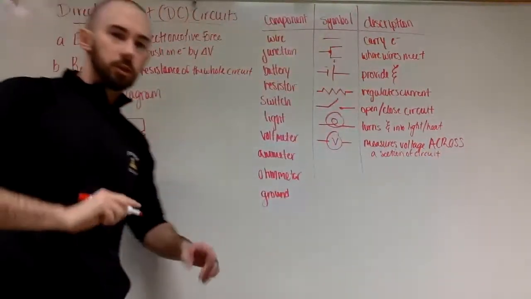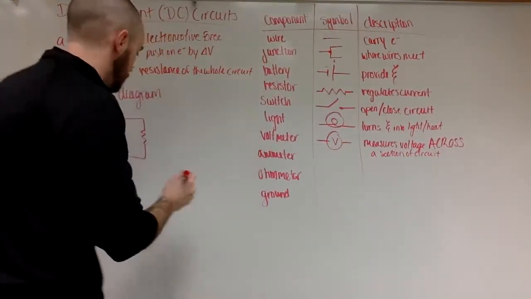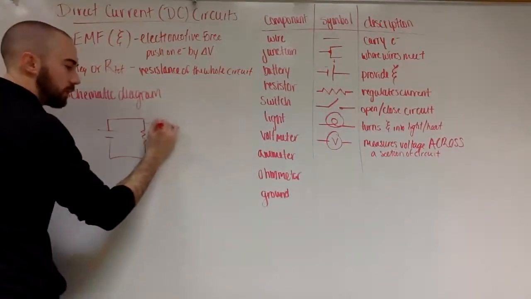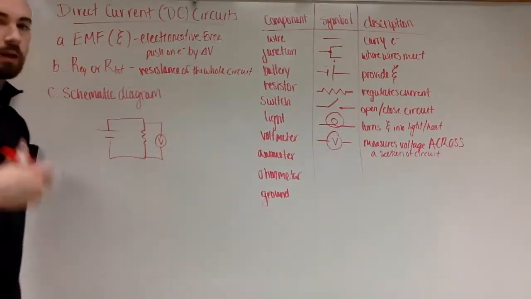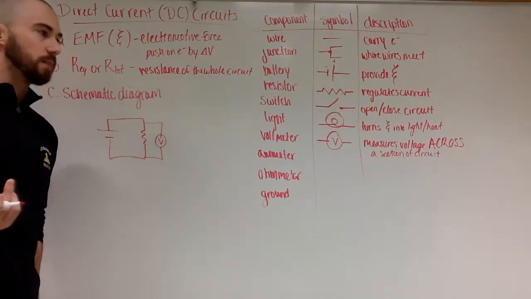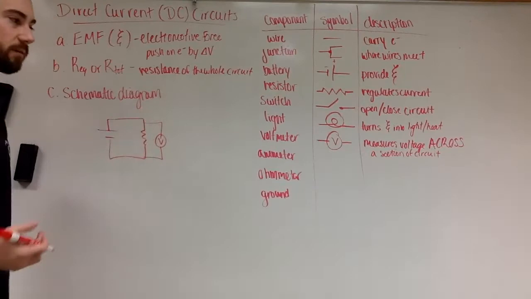So to measure voltage, you have to look at what the electric potential is before and after. So if I were to set up a circuit here and I wanted to measure voltage, I would have to go across it. So I would set it up in parallel with this resistor. So that's going to measure how much voltage there is from here to there, what that difference is.